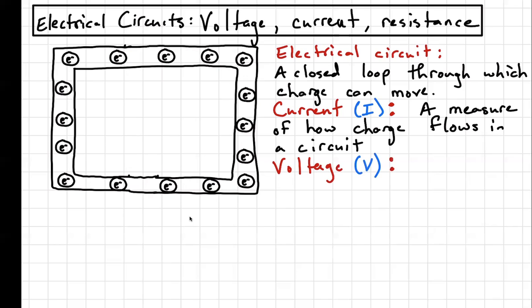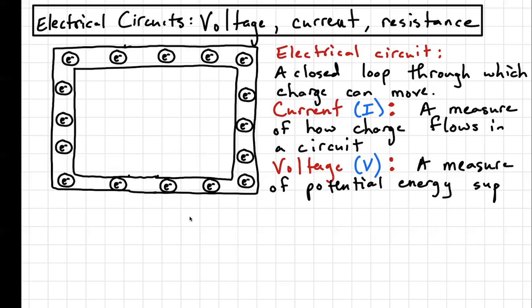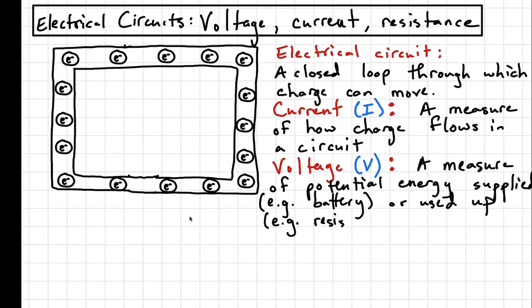And voltage is a measure of potential energy which can be either supplied, say, by a battery, for example, or used up, for example, by a resistor, which is something that is difficult for a charge to move across.